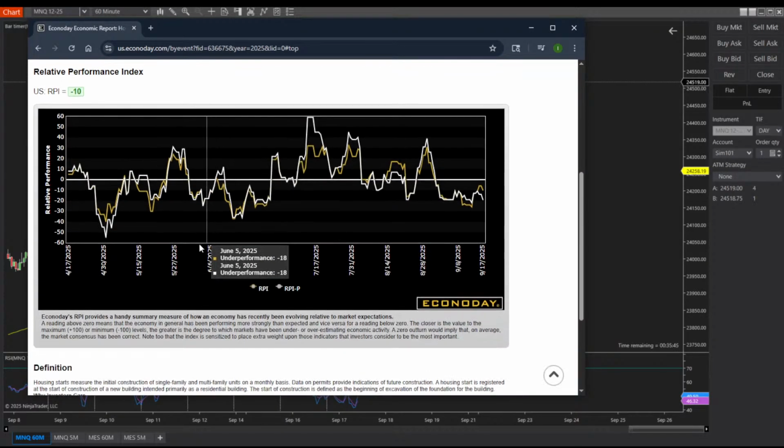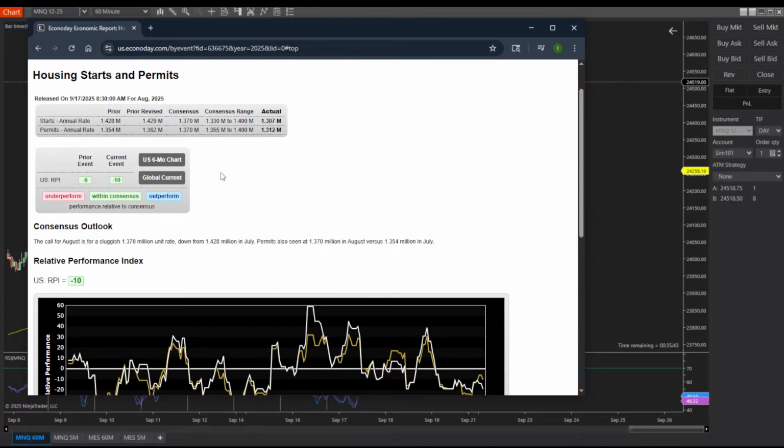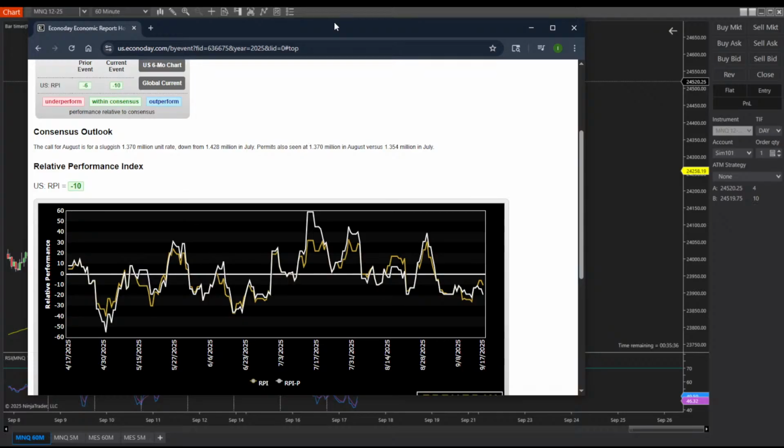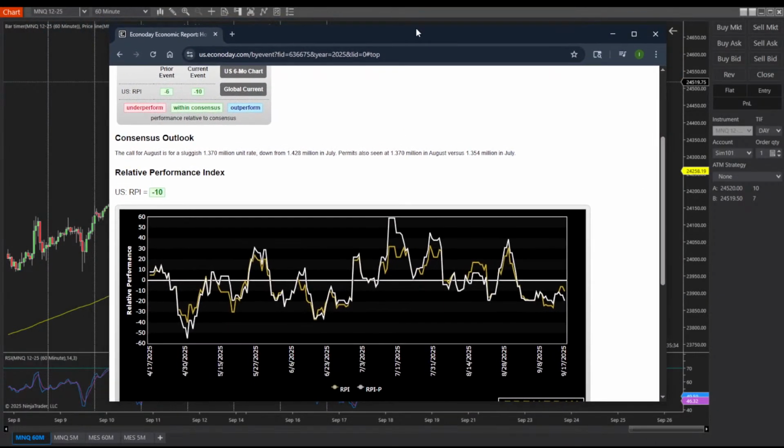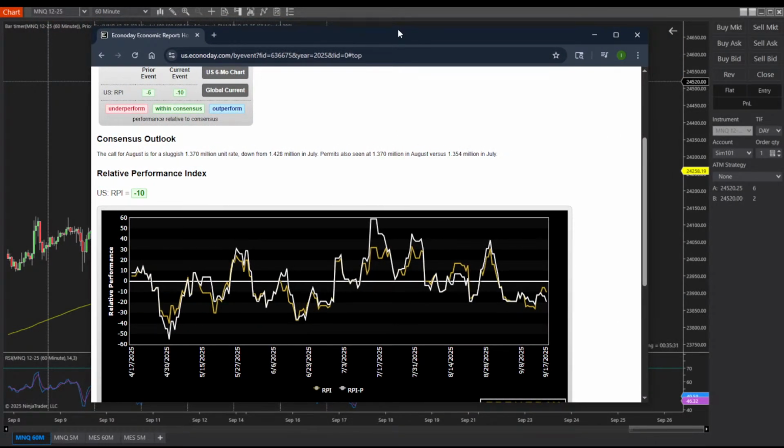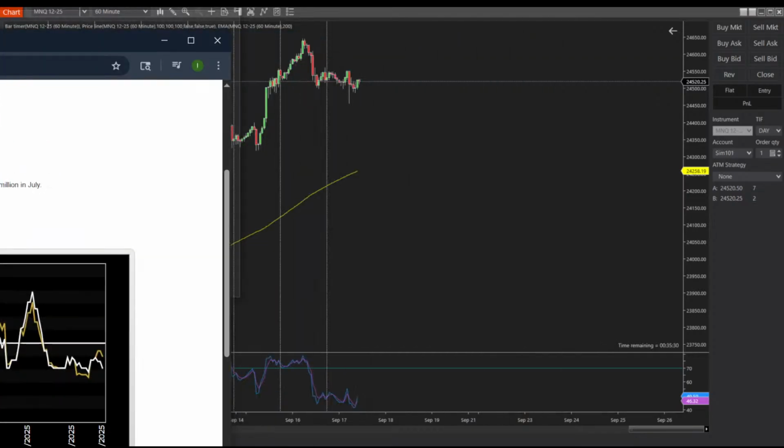Determining how the expectation compares to how it comes out can give us an edge on whether the market is going up or down. So this is why it's important to look at this first thing in the morning.